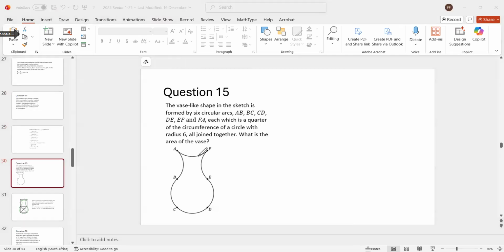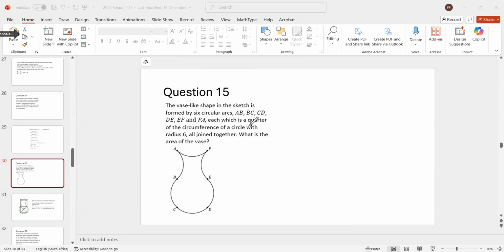So you can see this arc, you can see this arc, but they got a dot here which says this arc starts from B and finishes off at C. There's another one here, there's another one here. Put all these together, you get a lovely vase like this.